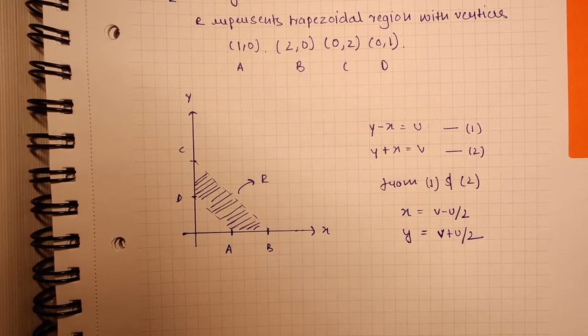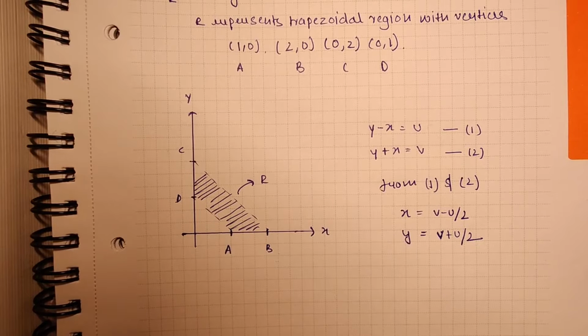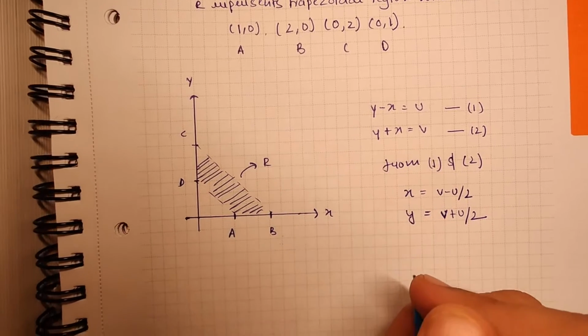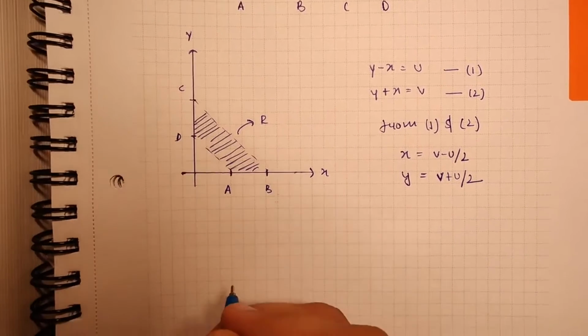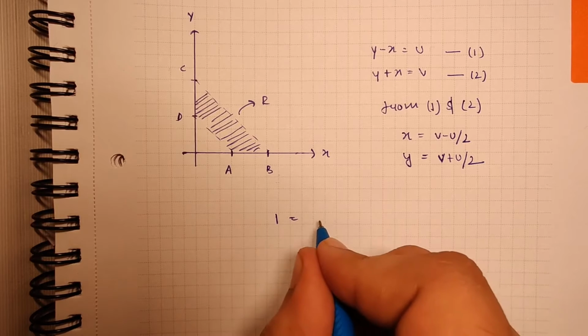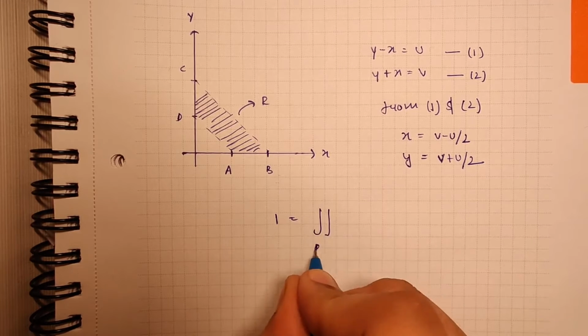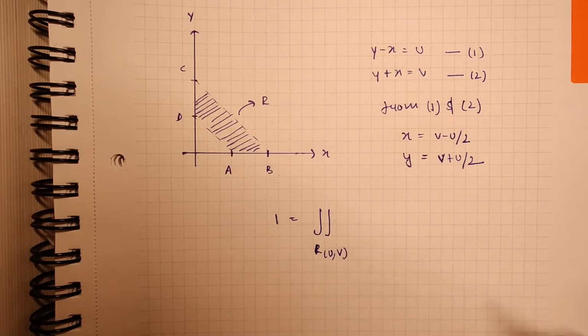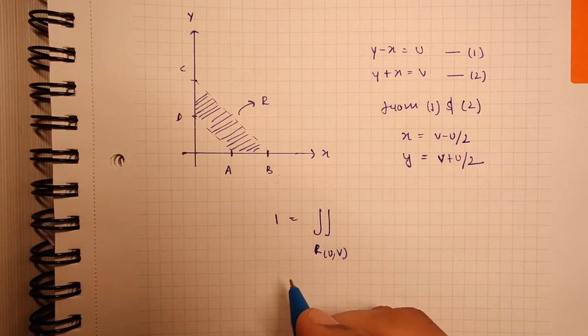So now we have to write the changed integrating equation, that is the equation with u and v substituted. So that equation will look like I, which is our integration. It is equal to, now herein the region will be in the uv plane and not the xy plane, as we have changed the integrating variable.